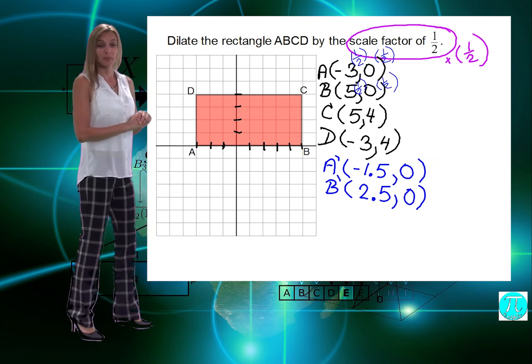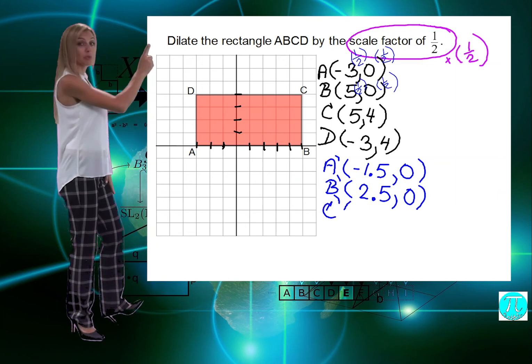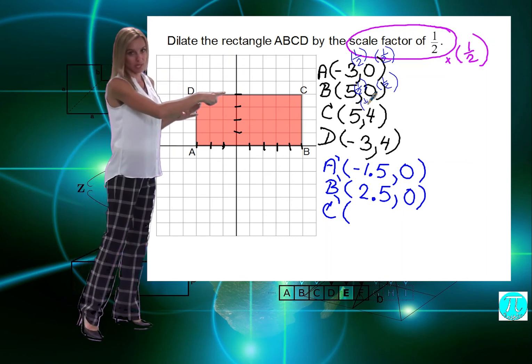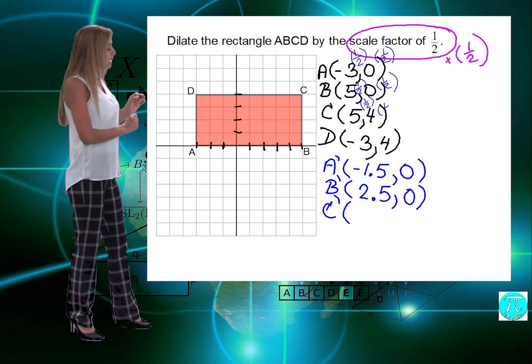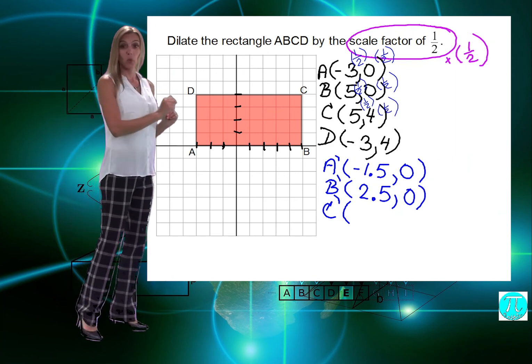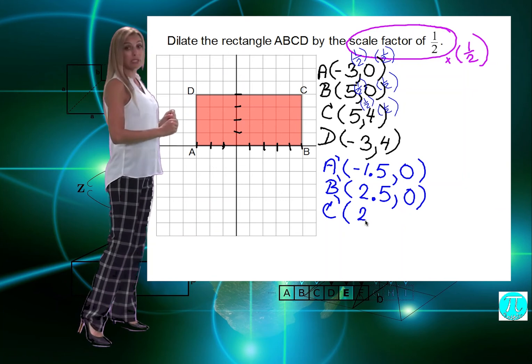Point C prime, we have to multiply the number 5 by 1/2 as well as the number 4 by 1/2. 5 times 1/2 is 2.5, and 4 times 1/2 is 2.